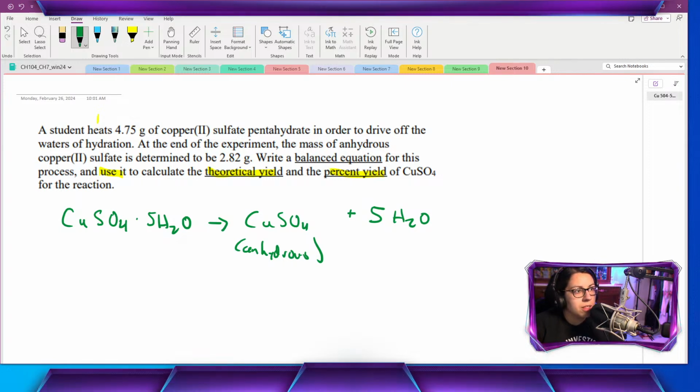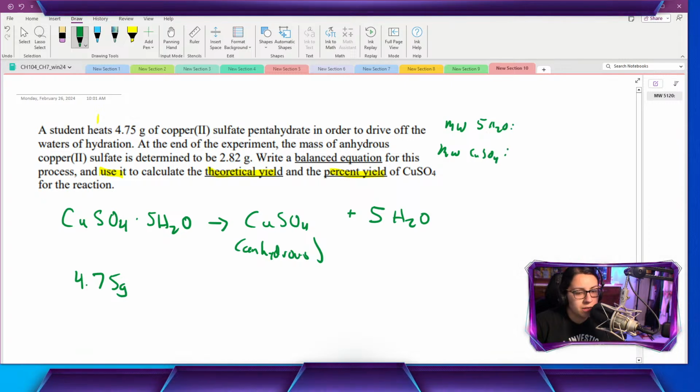What I mean by that is we have this 4.75 grams. Let's go ahead and get the molecular weight of both the pentahydrate and the anhydrous.